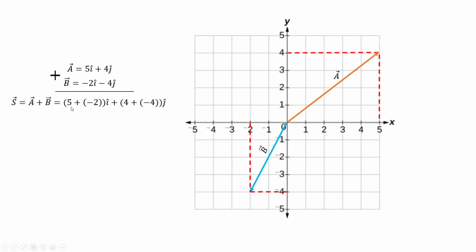You can directly write 5 minus 2 because plus minus is minus actually, or 4 plus minus is 4 minus. So what's the resultant? That is 3 i hat plus 0 j hat.